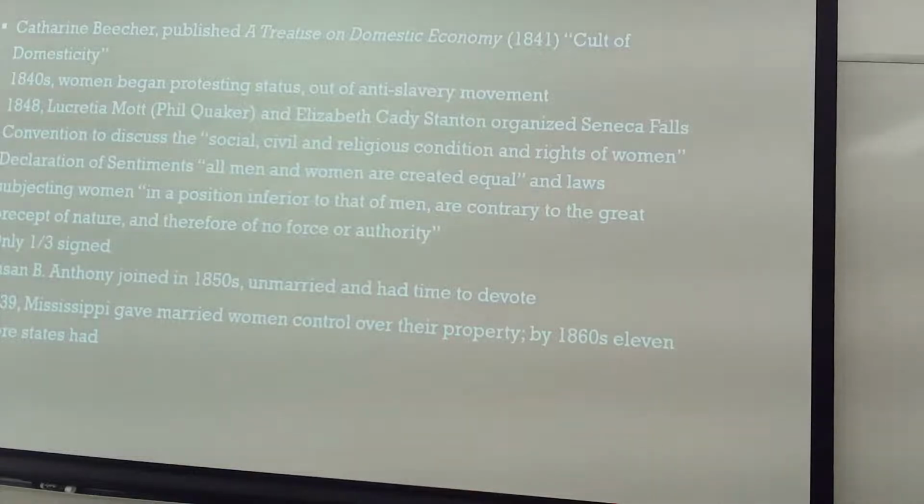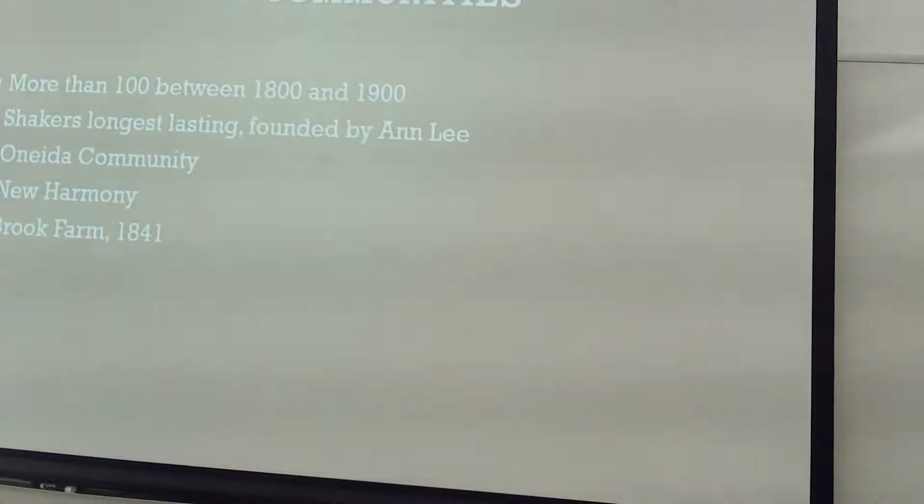You know what? We are going to speed through this last part, and we're going to get done with Romanticism and religion. Because this last part is very interesting to me, but it's not all that important. Utopian communities. That is another, I won't say it's an American phenomenon because it does happen in other parts of the world, but Americans kind of make their own twist on this.